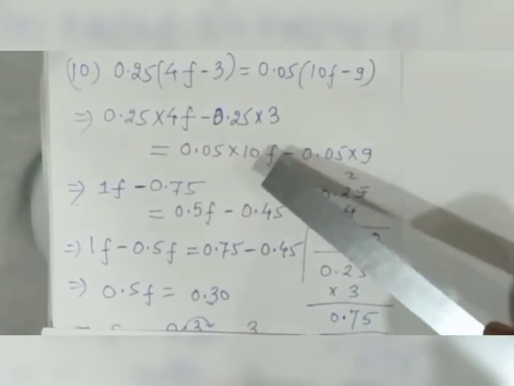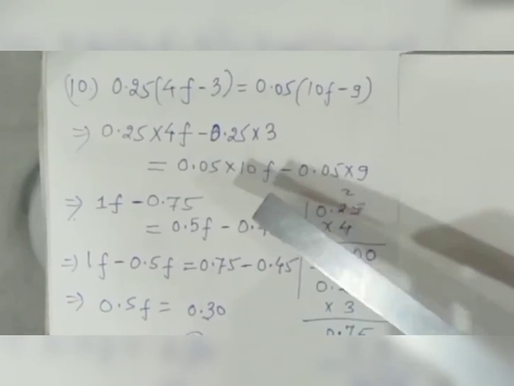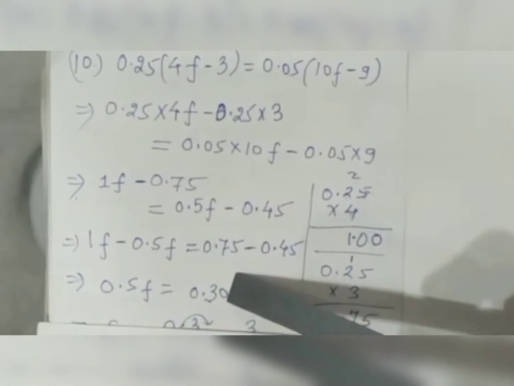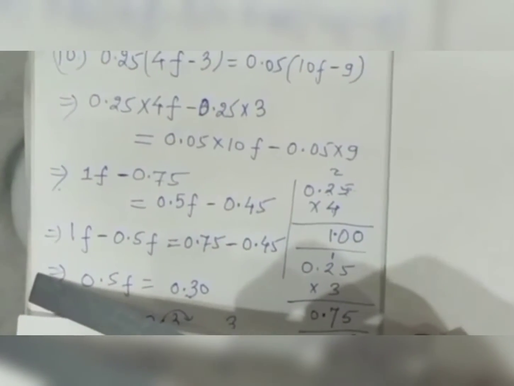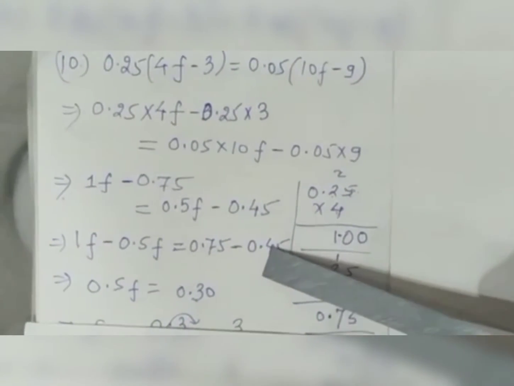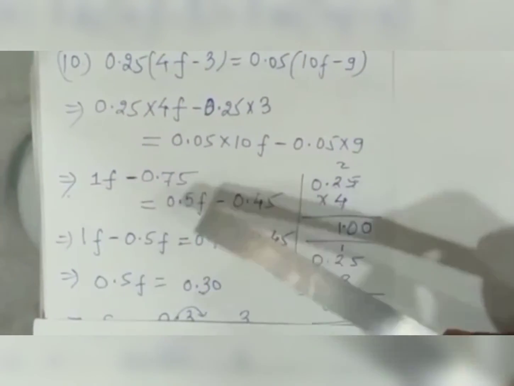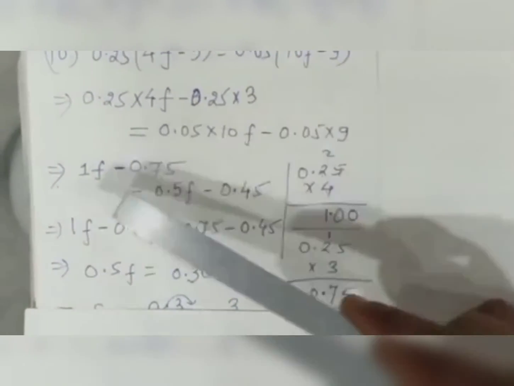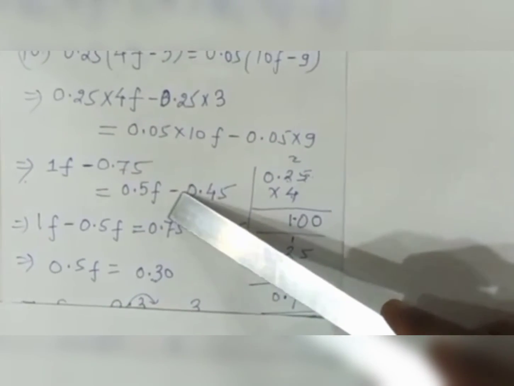Now a similar process is done on the right hand side. It becomes 0.5f and 0.45. Then again you remember that property: collect the variables on the left hand side and numbers on the right hand side, and whichever number or variable term is moved from right to left or left to right, we change the sign of that term. So we copy 1f as it is. Now 0.5f comes from which side?